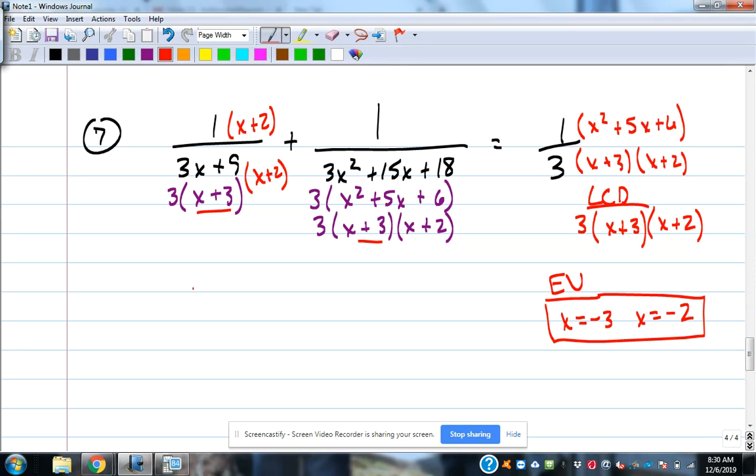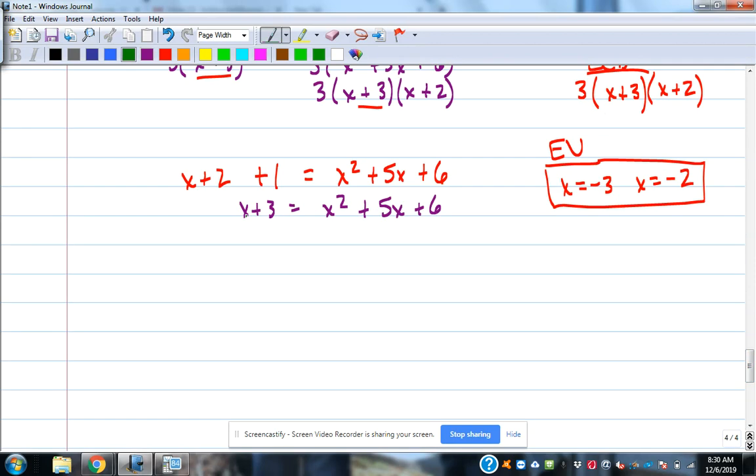So now that we've got the denominators the same, all I've got to do is the numerator stuff. So 1 times x plus 2 is x plus 2, plus 1 times x squared plus 5x plus 6. And so the left side, yeah, is x plus 3. And then we need to get it equal to 0.